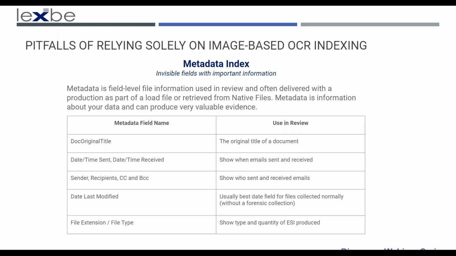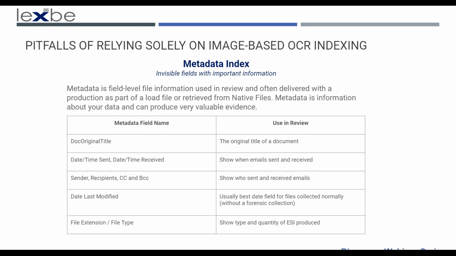We have all the senders and recipients who received the emails, the date last modified, so the time and date that the document was last edited by somebody. And then the file extension and file type, it's going to show the quantity of the type of ESI that was produced. So you can filter by how many PDFs are there, how many DWGs are there, how many docs are there, etc.